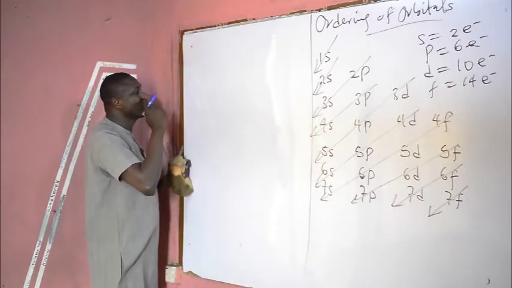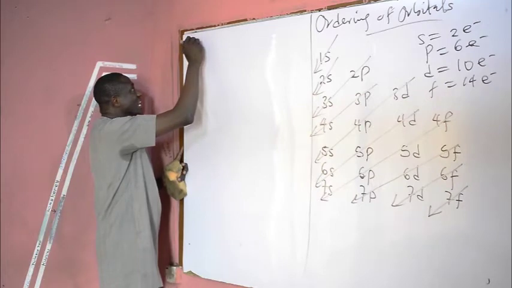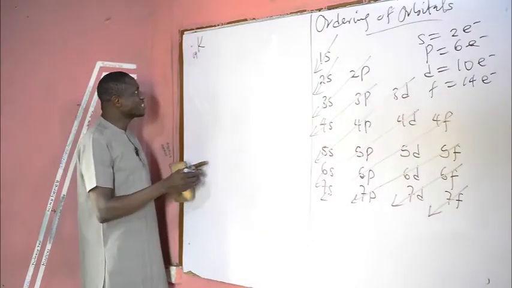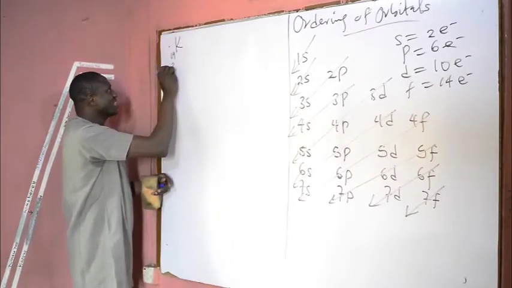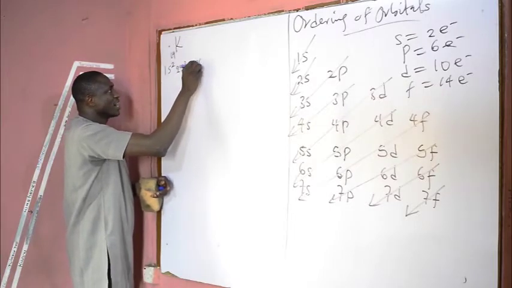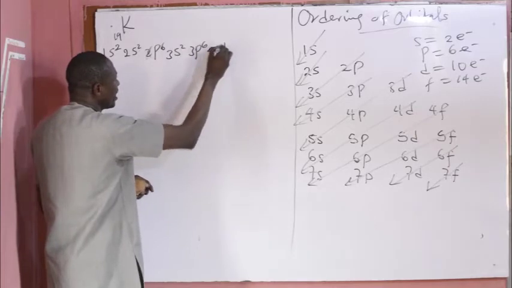If you are writing the electronic configuration of a potassium atom with atomic number 19, the orbital configuration is based on this ordering. You have 1s2, 2s2, 2p6, 3s2, 3p6, and 4s1.